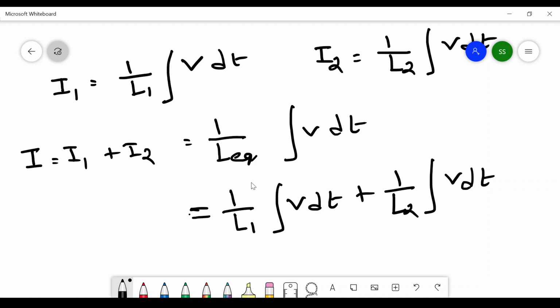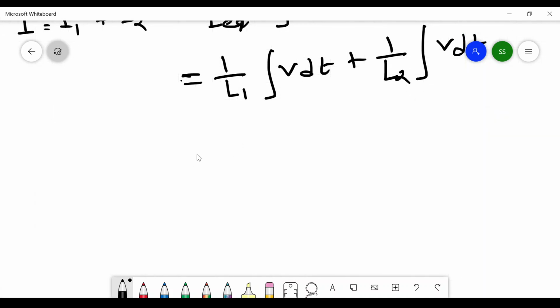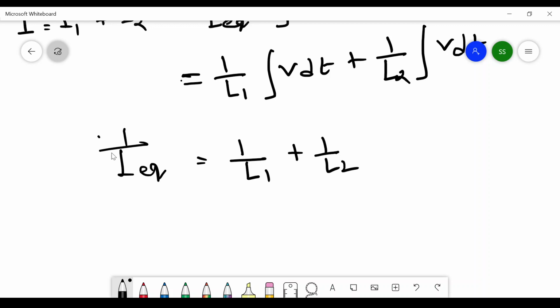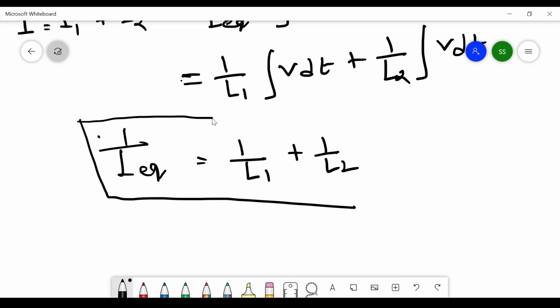So we can say that 1 by L equivalent is 1 by L1 plus 1 by L2. This is the parallel connection equivalent of inductors.